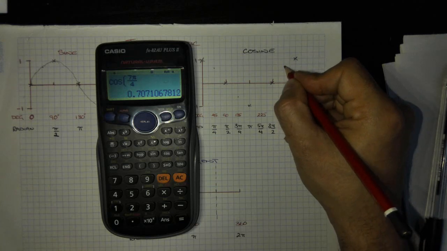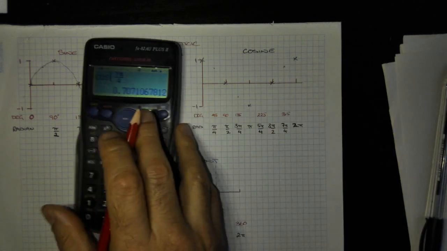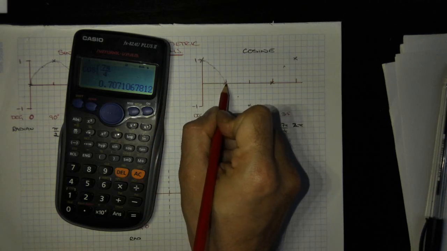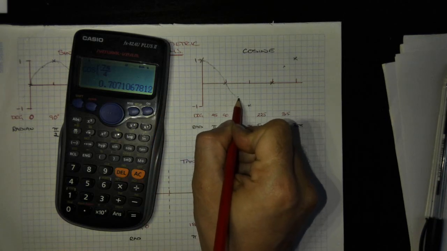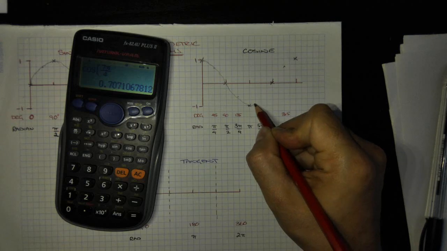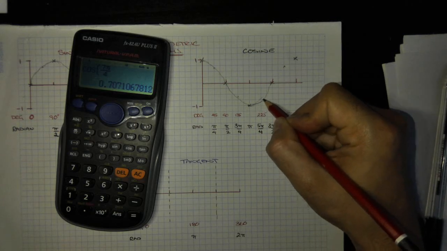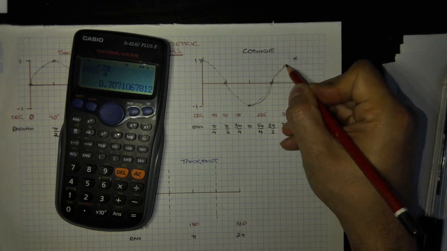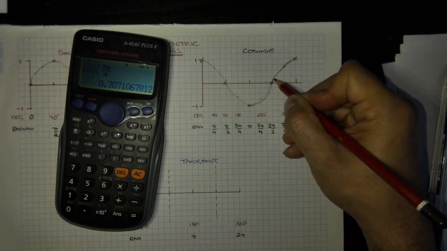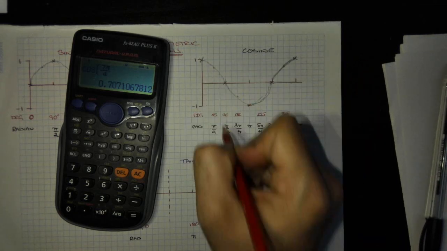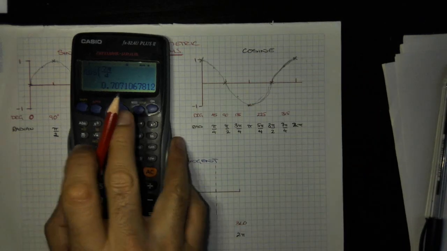Here we go. And so what we get is this curve that looks like that. And these curves continue on consistently.